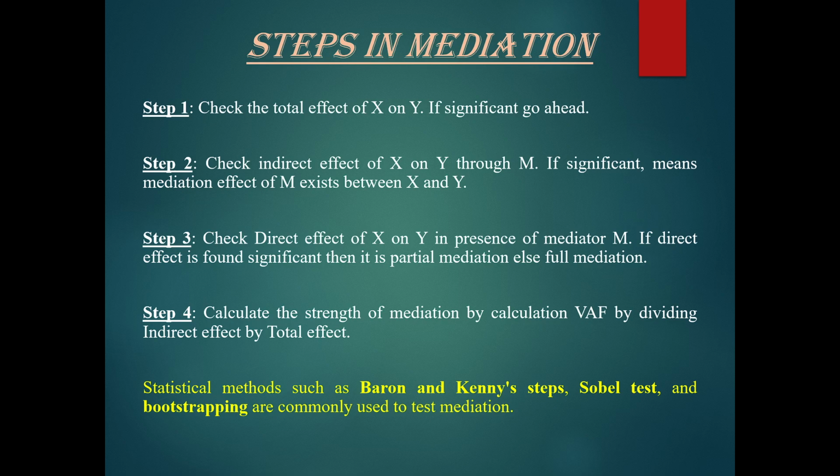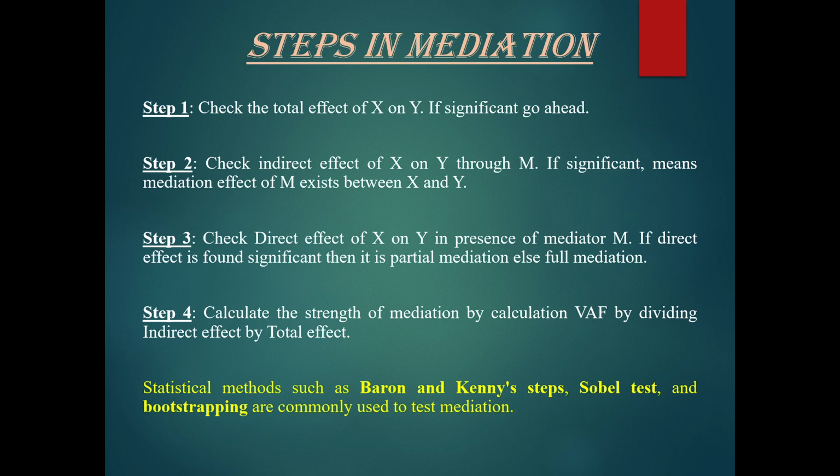Step 2, we have to check the indirect effect of X on Y through M. If it is found to be significant, it means the mediation effect of M exists between X and Y. The third step is to check the direct effect of X on Y in the presence of the mediator M. If the direct effect is found to be significant, then we can say there exists a partial mediation. And if it is insignificant, then we can say there is a full mediation effect.